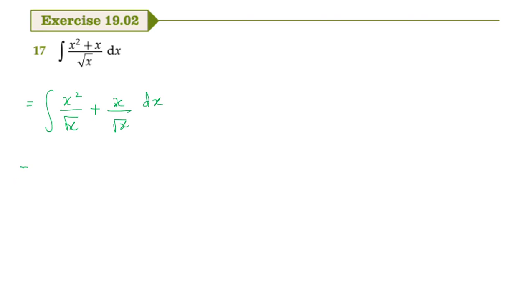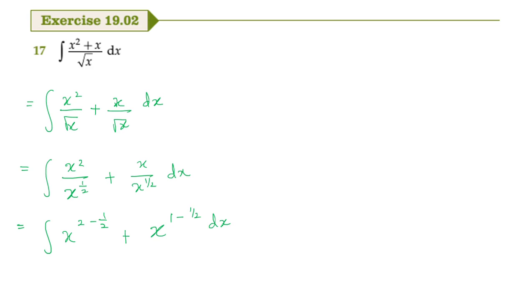It seems difficult, but you can change the square root to power 1 over 2. Now you apply the rules of index, which is when you divide 2 indices with the same base, your power will be subtracted. So x power 1 minus 1 over 2 dx.